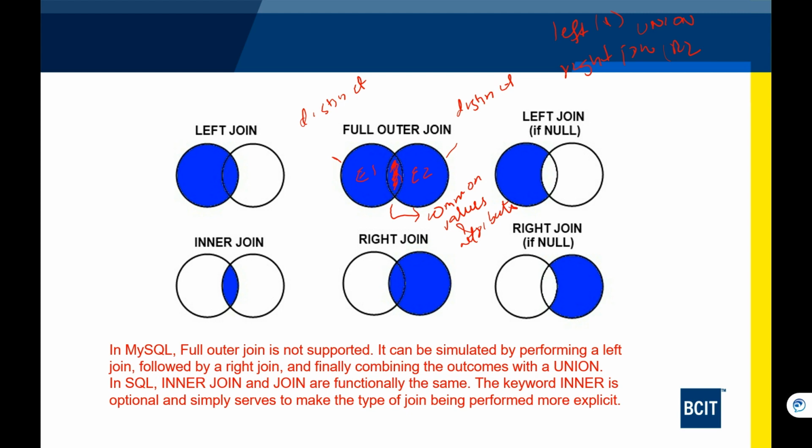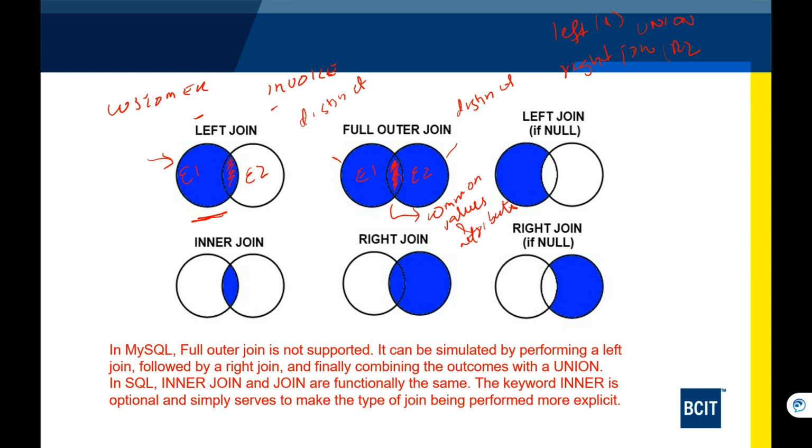The left join means we are looking at the common values and the distinct values of only entity one, which is given on the left side, the leftmost entity. For example, if we have a customer here and an invoice here, we look at the common values between these and retrieve the information about the customer.